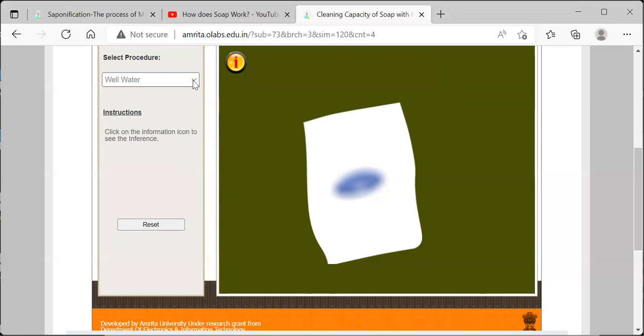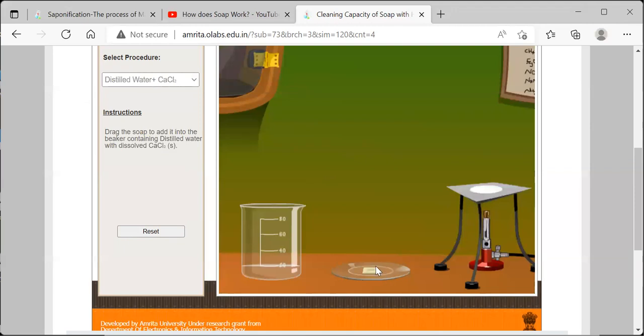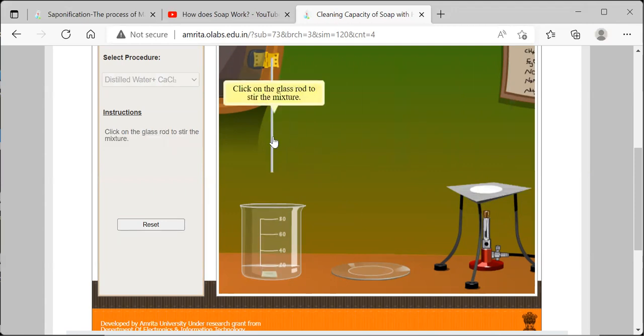Let's move on to the last sample, which is distilled water with calcium chloride, which is our sample with very hard water. We're starting with the same few steps. We put the soap in the beaker. The glass rod solubilizes some of the soap.